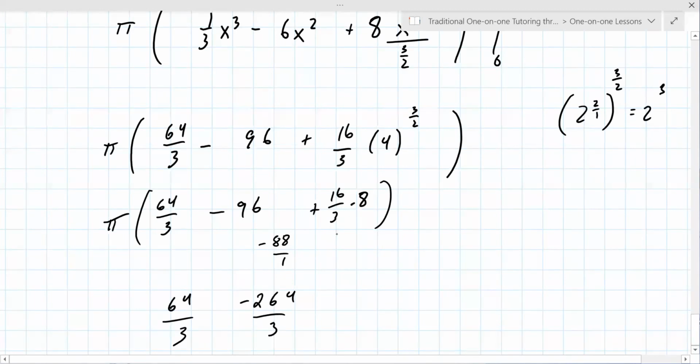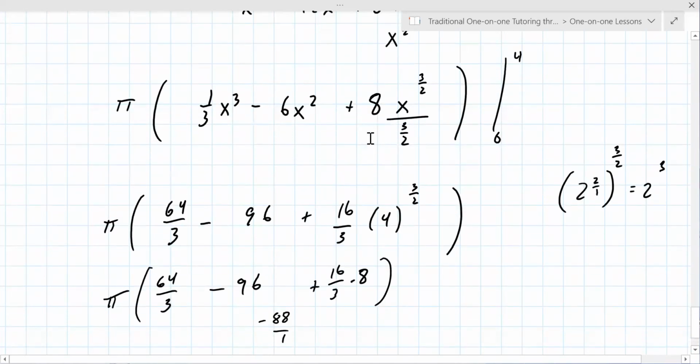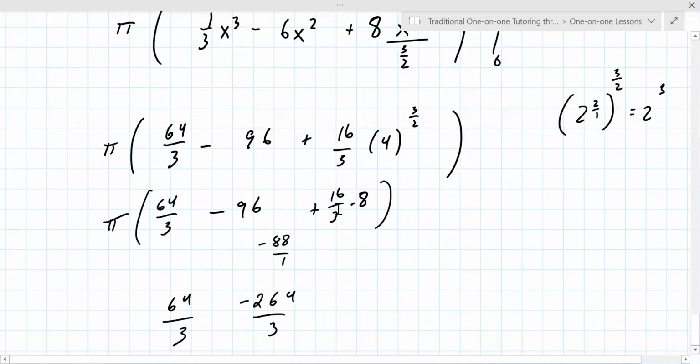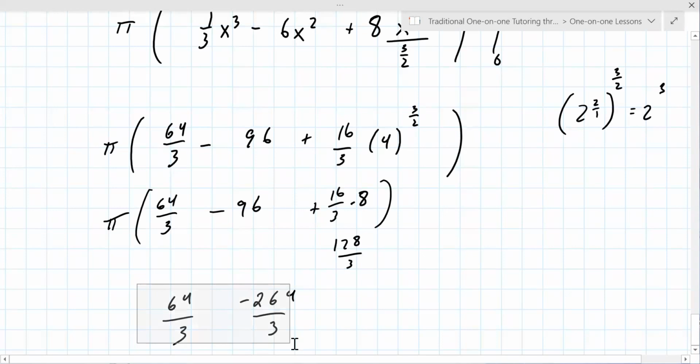So that becomes, wait, so it's not 4 to the 3 halves, right? It's 8 to 3 halves. It is 4. It's still, it was just the coefficient that was wrong. Oh, wait, yeah, okay, gotcha. So that's like 128 over 3. That's still negative though, isn't it? But it goes with that one. So you get 192 over 3. It is still negative. So there's other mistakes in here. Oh boy.